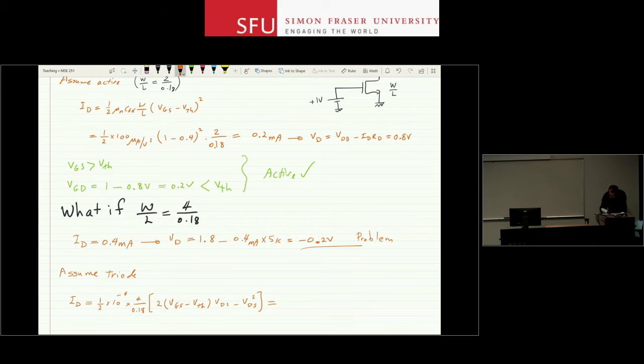So plug in all the values we have. VGS is 1 volt, so it's going to be 1.11.